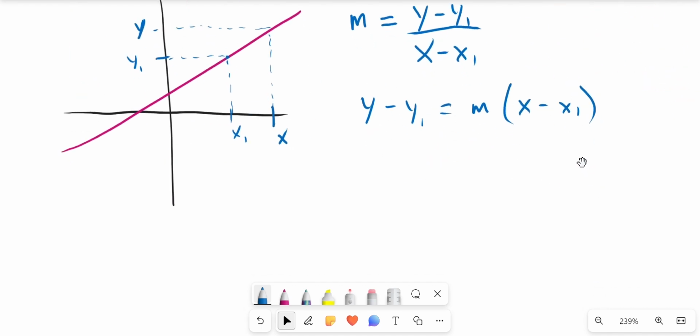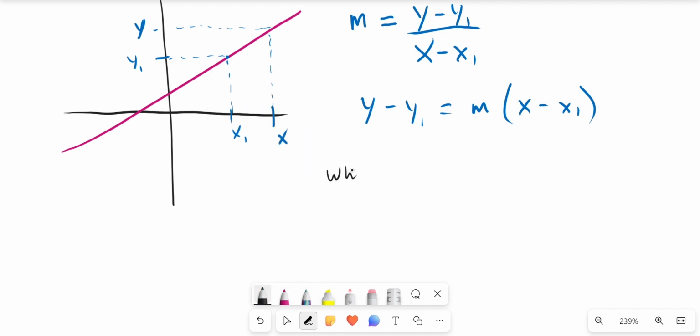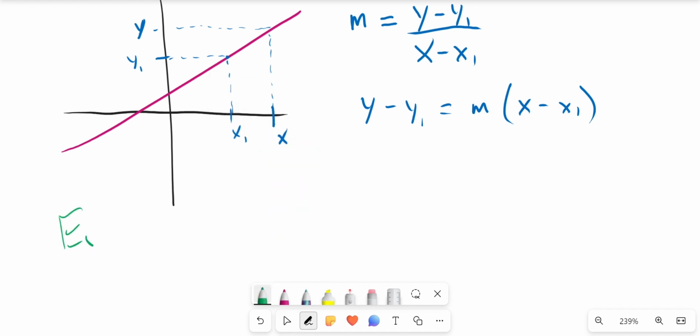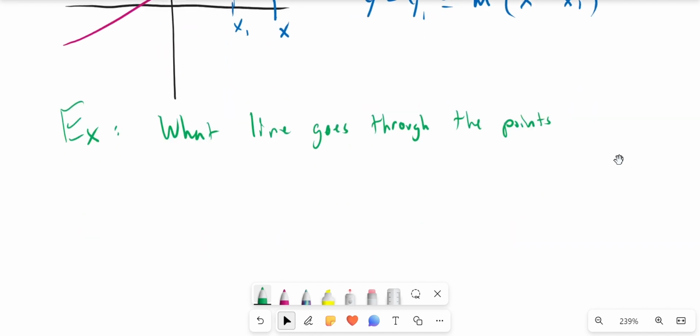Let's look at an example that uses point slope form. What line goes through the points, let's make up some points here, let's say 1, 3, and negative 2, 6.